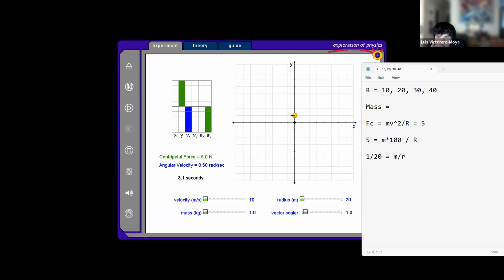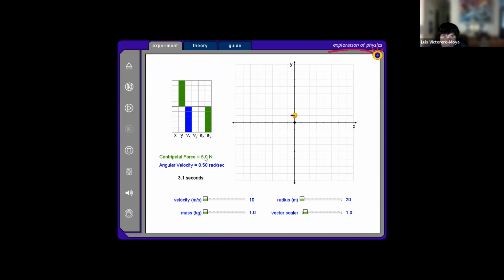So that's what we have. So we can multiply by 2, or we can multiply by 1.5. So there you are. If m is equal to 1.5 kilograms, then radius will be equal to 30 meters. So there you are. 1.5 kilograms. Yeah, that gives me 5.